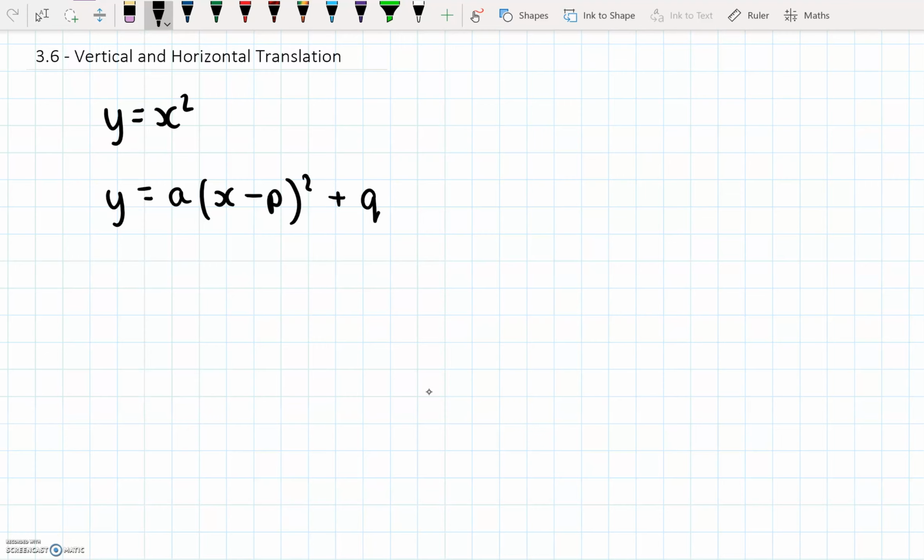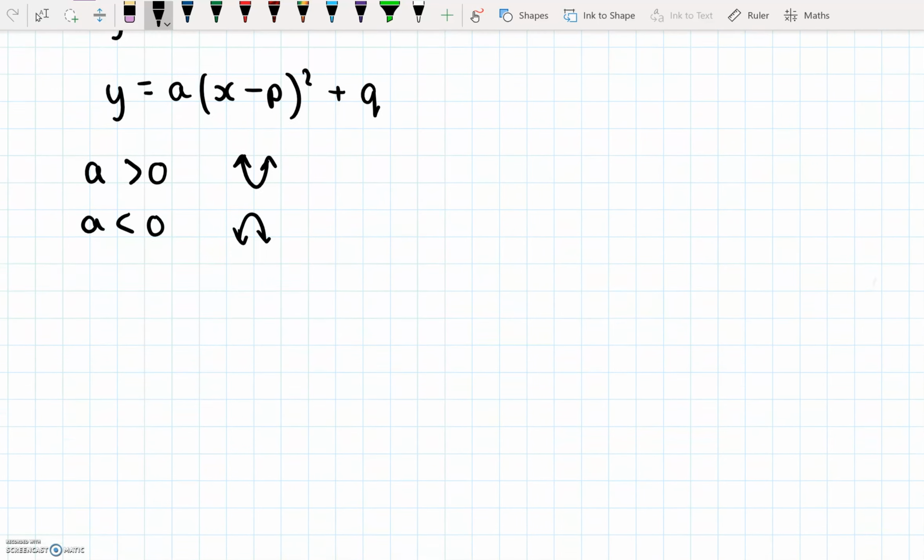It tells you how steep the arms are and whether it's facing up or down, whether we have a happy parabola or a sad parabola. If a is greater than 0, then we have a happy parabola. If a is less than 0, then we have a sad parabola. It also controls the steepness, but you guys know that already.